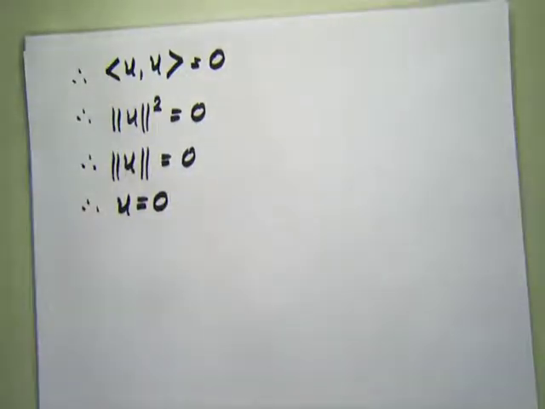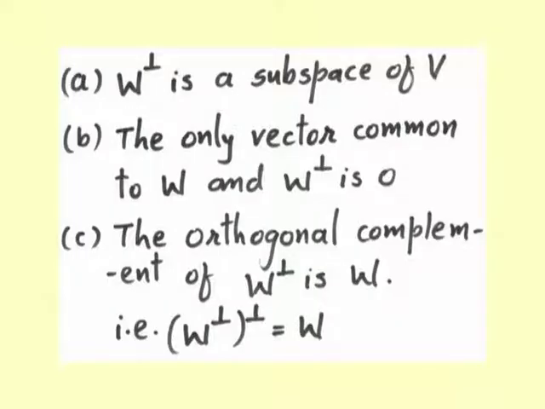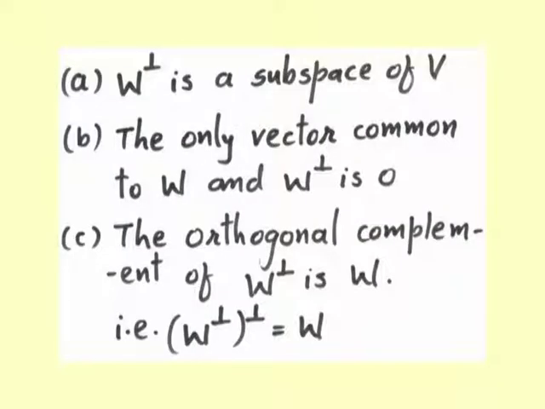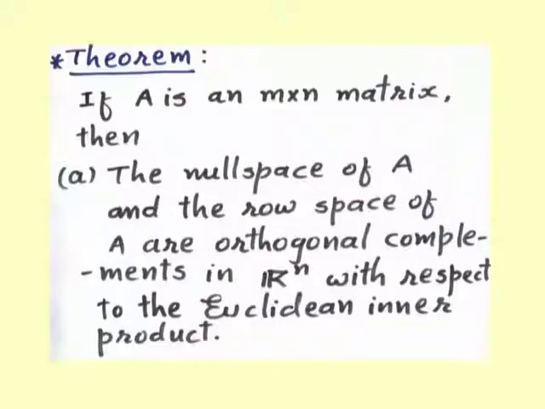As U is an arbitrary vector which lies in W and W complement, it means there is only one vector common to W and W complement. And for the third property, one can write the proof very easily. It says the orthogonal complement of the orthogonal complement becomes itself.